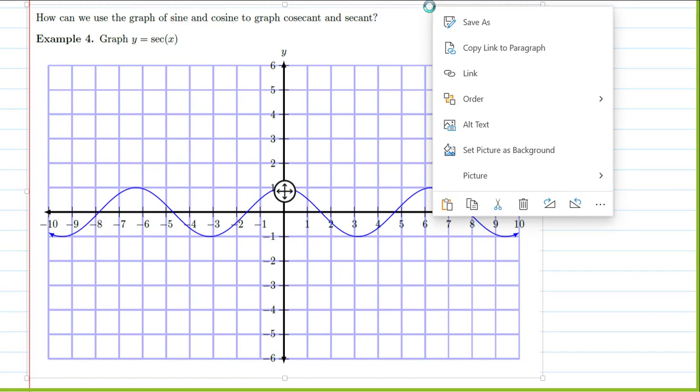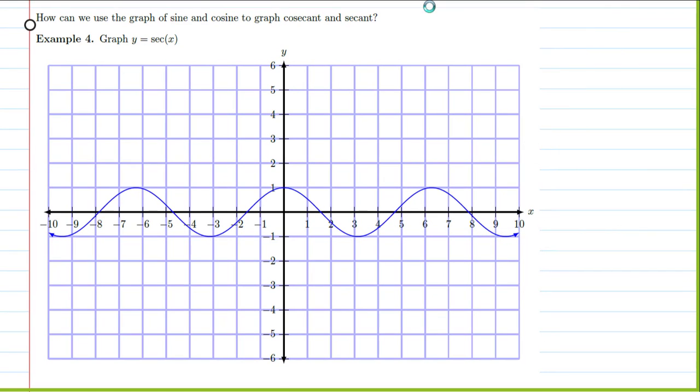Because we know, by definition, that secant x is equal to 1 over cosine x. Well, that would mean that they are reciprocals of each other. So right here we have a graph of the cosine function.